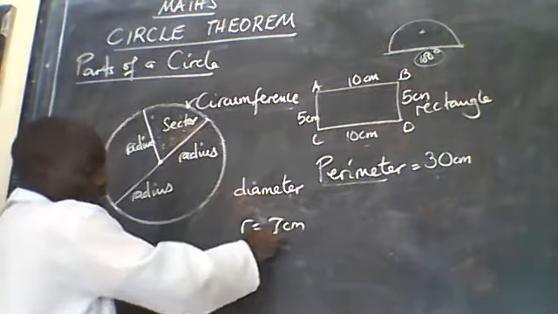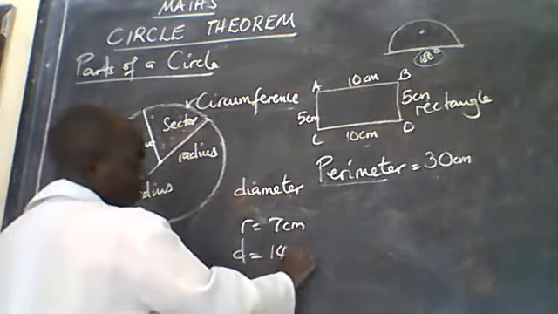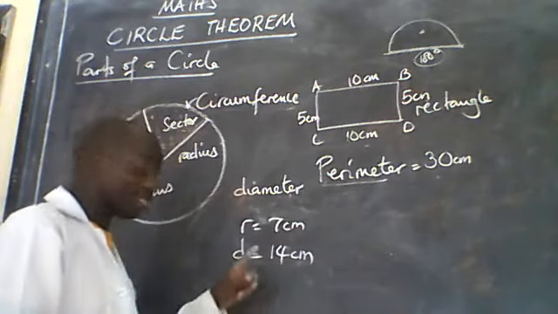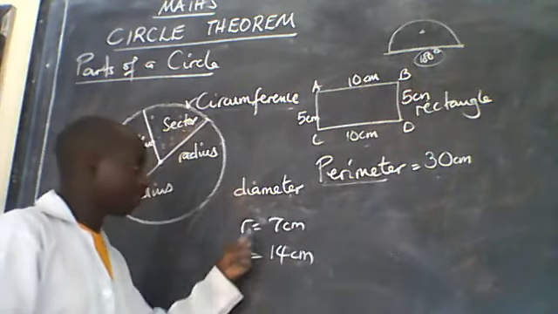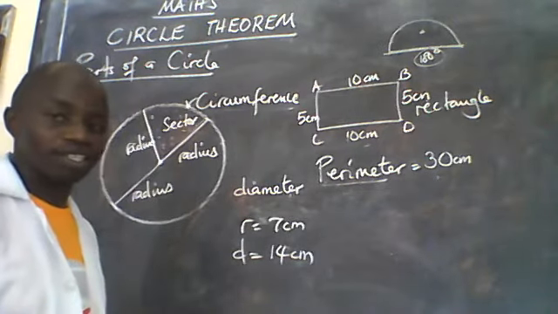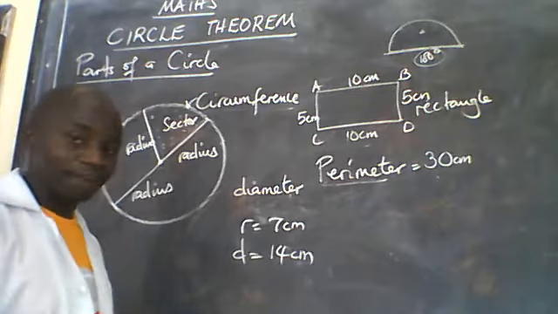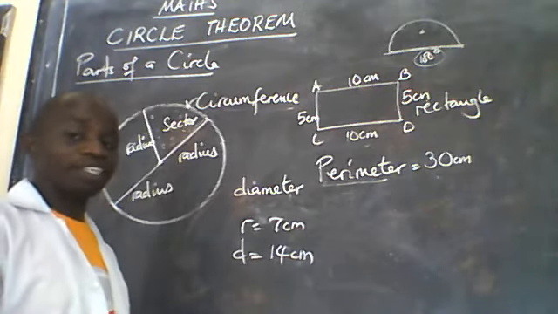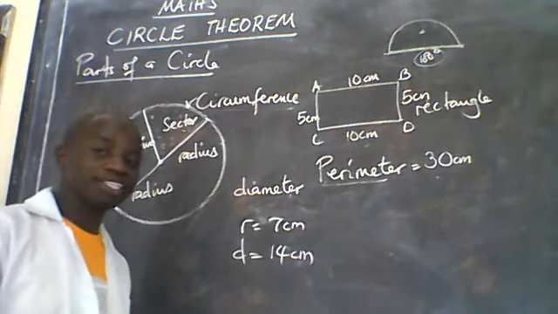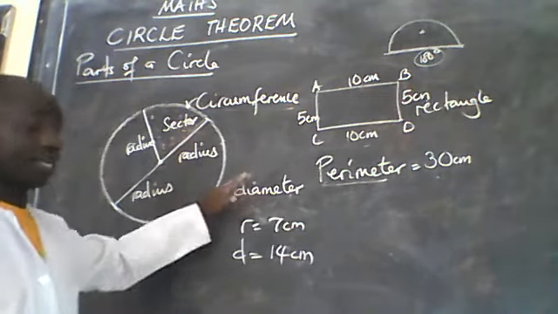Two radii make a diameter, so that will be 14 centimeters. If the radius is 3 centimeters, the diameter is 6 centimeters. If the diameter is 3 centimeters, the radius is 1.5. Good.